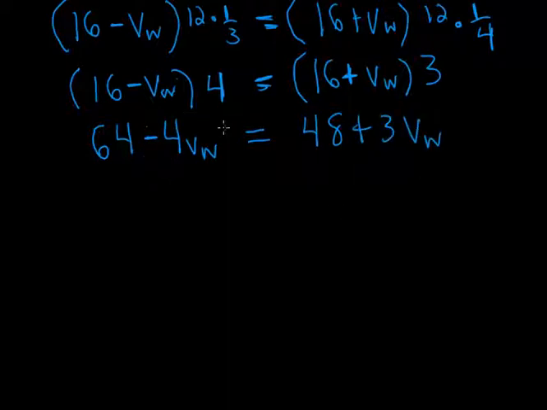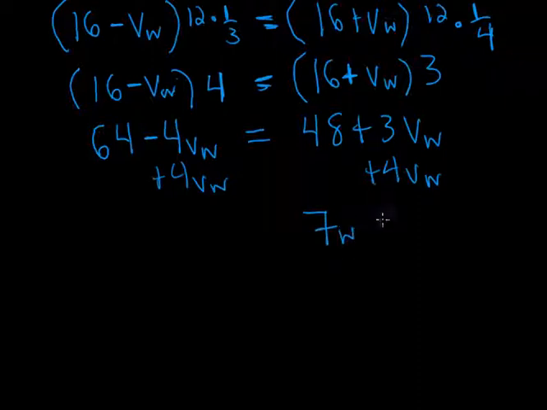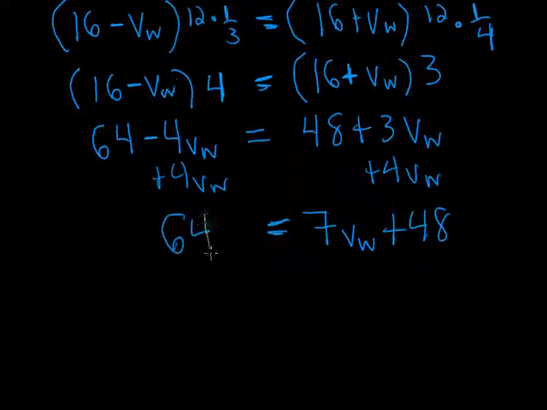I'm going to keep my velocity of the water positive, so I'm going to add 4v to each side. So I get 7 times the velocity of the water over here. Let me make my v better. 7 times the velocity of the water plus 48 on my right-hand side, and lowly 64 sitting out there.